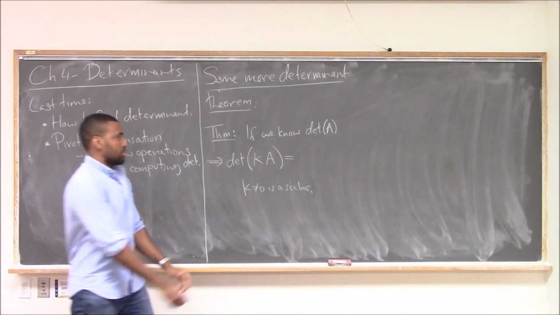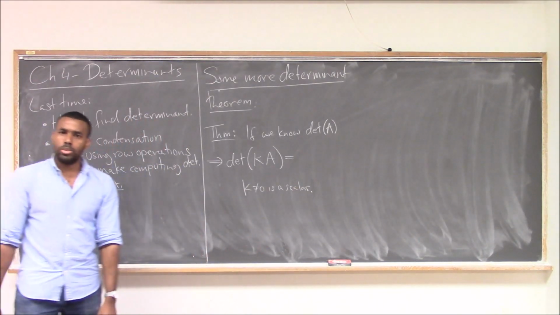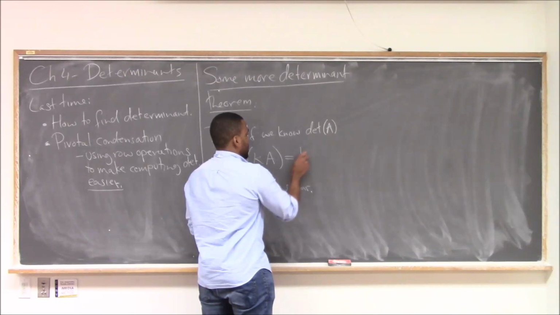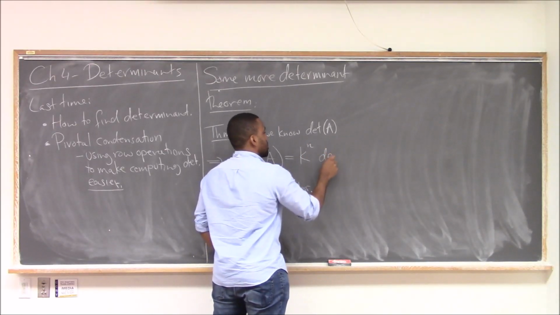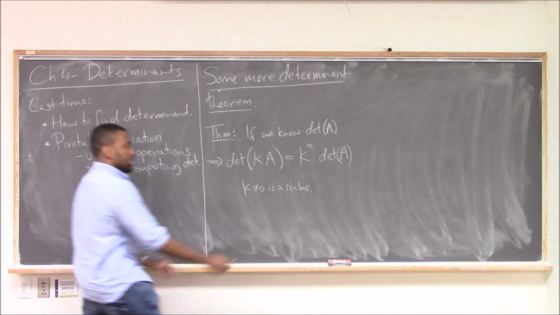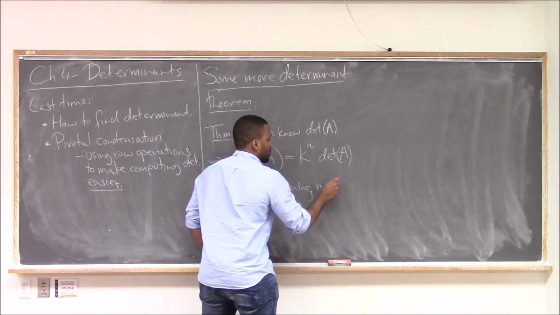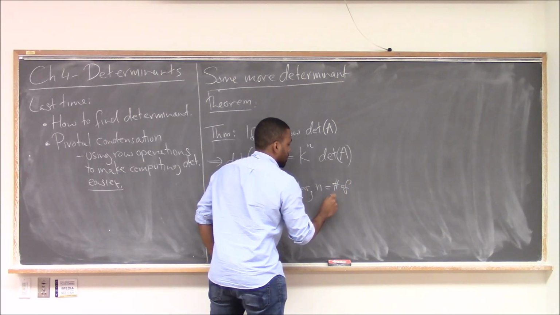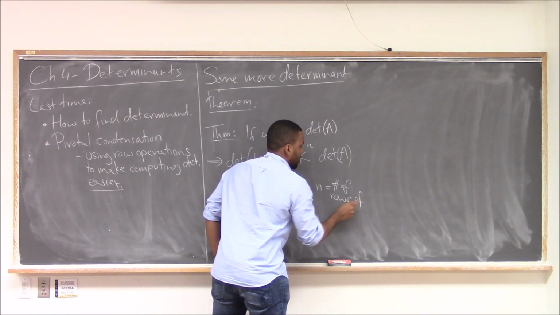K cubed? Or is it 2? K to the n. K to the n times the determinant, where k is a scalar and n equals the number of rows of A.